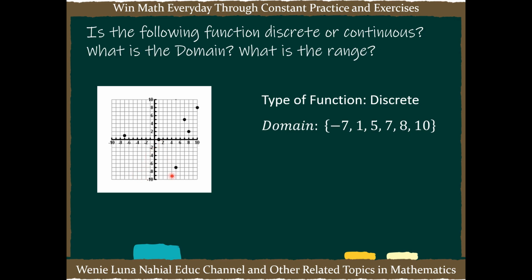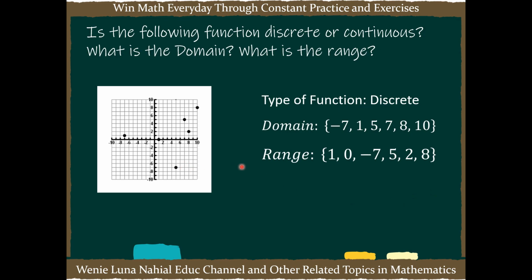This one is 1. Then this is 5. Then we have this point. The x coordinate is 5. Then we have also this. This one, the x coordinate is 7. This one is 8, and this is 10. So these are the x coordinates of the points over here.